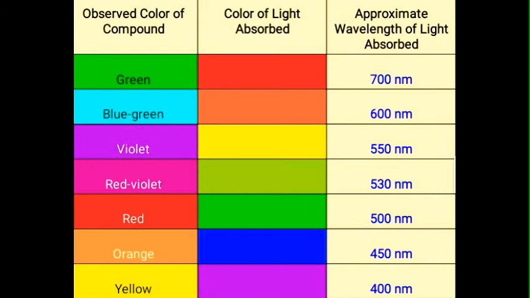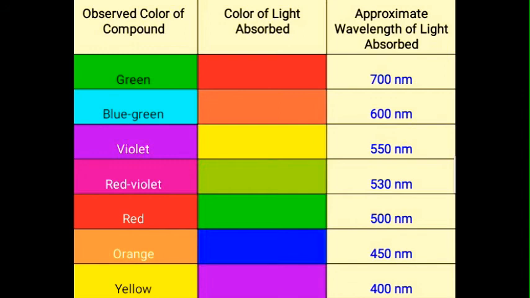In the same way, if you have to observe the optical density of a solution on a spectrophotometer, the same procedure applies, and you can see it on the screen. So both colorimeter and spectrophotometer work on the same principle.